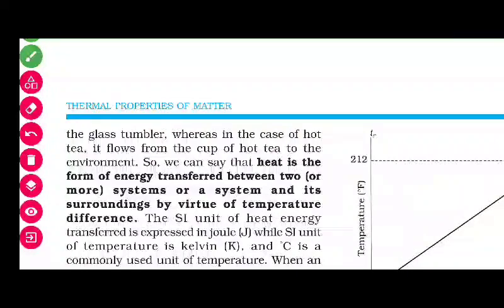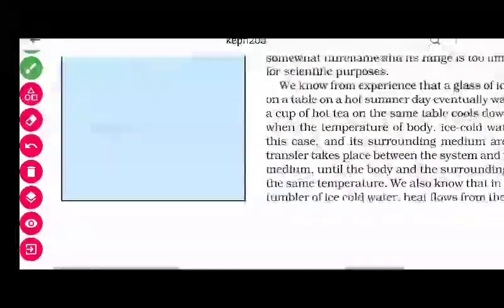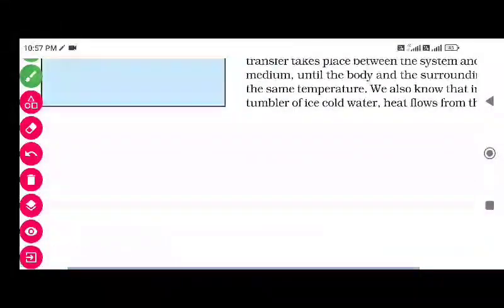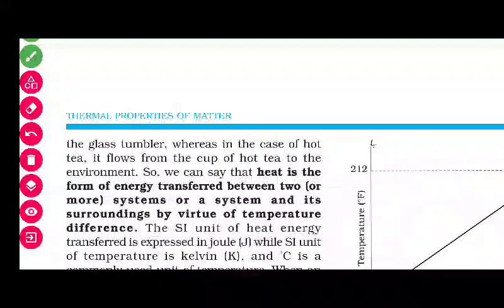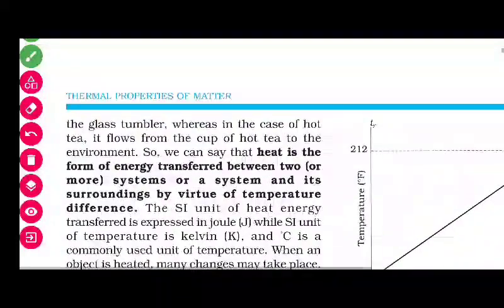Suppose I say it has 100 degrees Celsius and the surrounding is maybe 30 degrees Celsius. So heat will flow from the cup of tea to the surroundings. Whereas in the case of a glass tumbler of ice cold water, it has a lower temperature, 0 degrees Celsius, so heat will definitely flow from the surrounding, which is 30 degrees Celsius, to the glass tumbler.